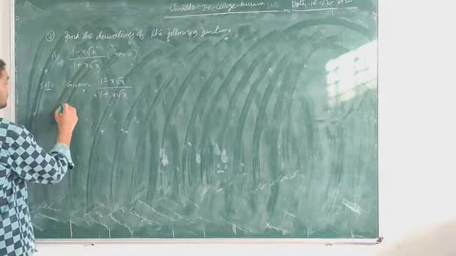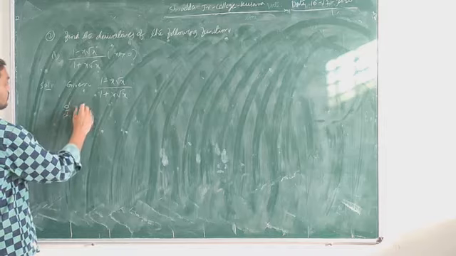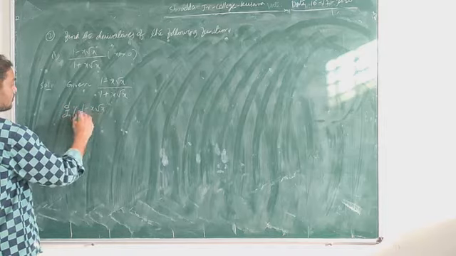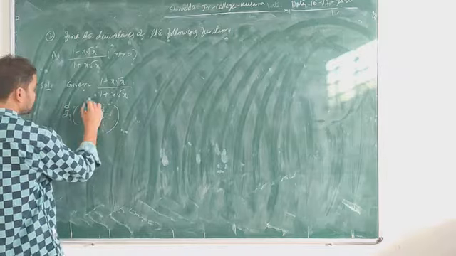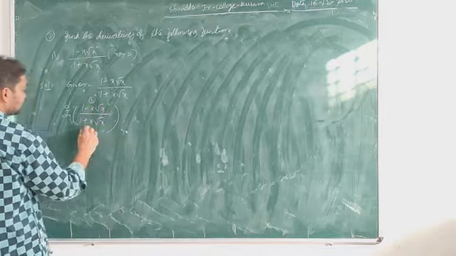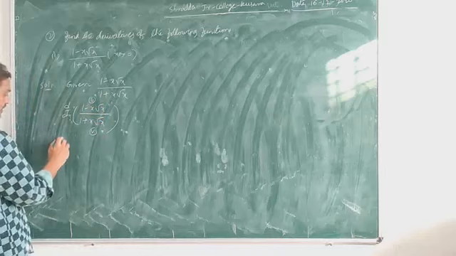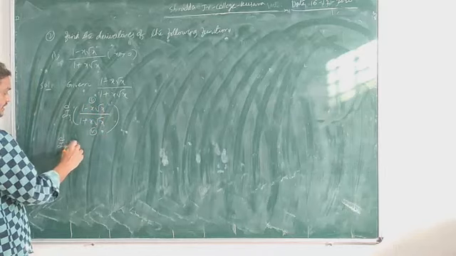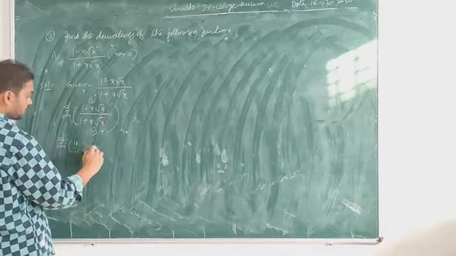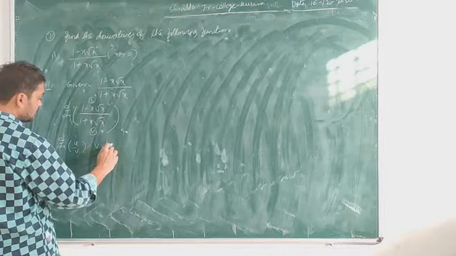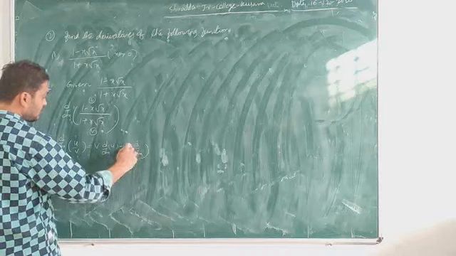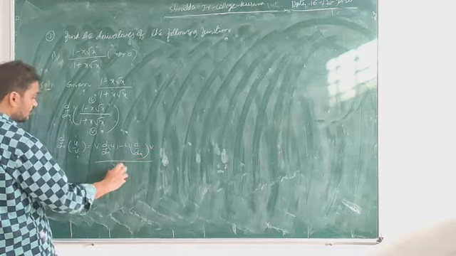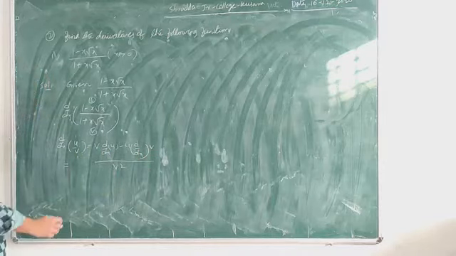Now see here, d/dx of (1 minus x root x) by (1 plus x root x). This is considered as u and this is considered as v. Now we have d/dx of u by v. What is the formula? v into d/dx of u minus u into d/dx of v, by v squared.